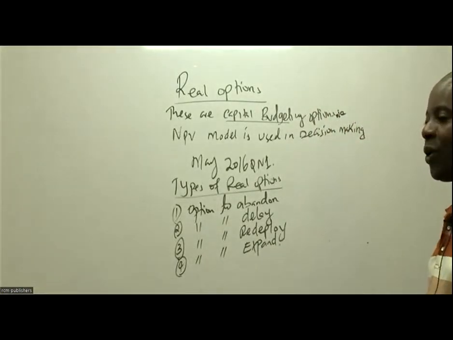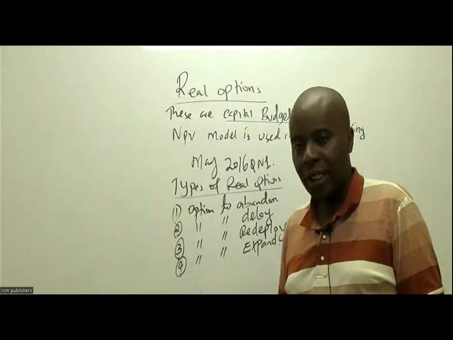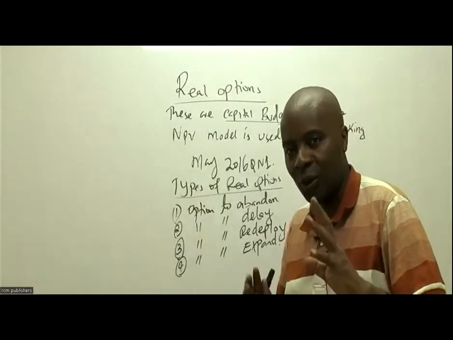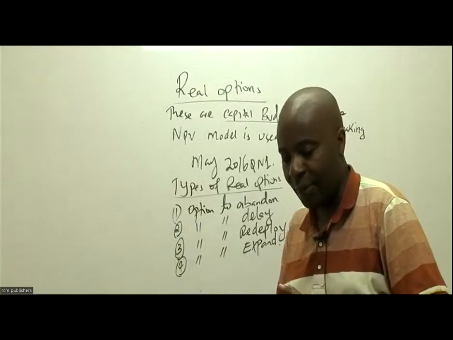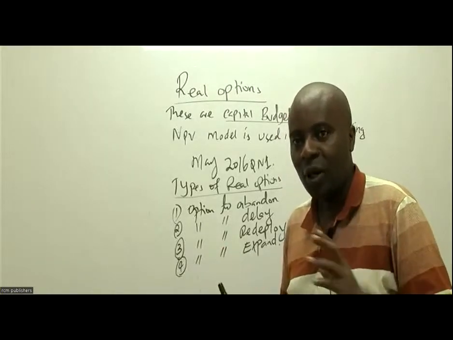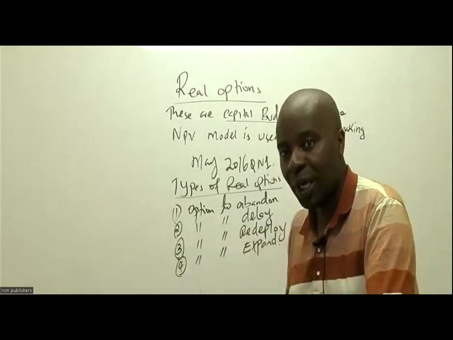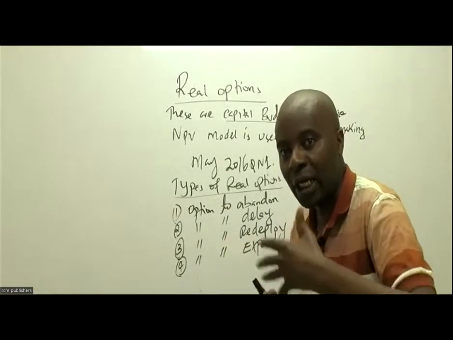Now, when you are, for example, given an option to expand, you are told, come and build your house here, lease term 20 years. Should things work out, we are going to extend for you some extra space. So you're going to expand.